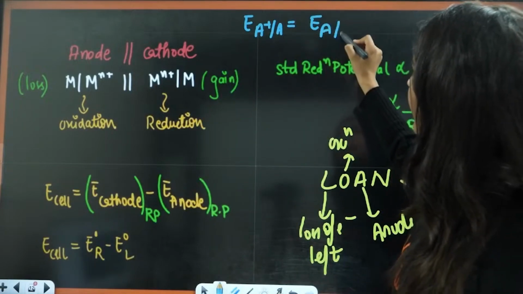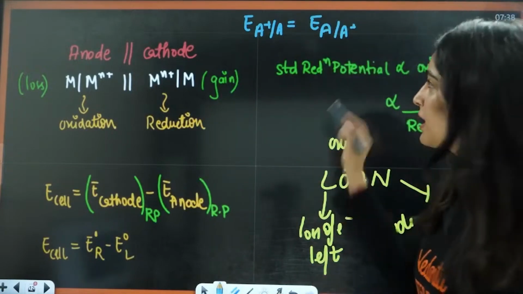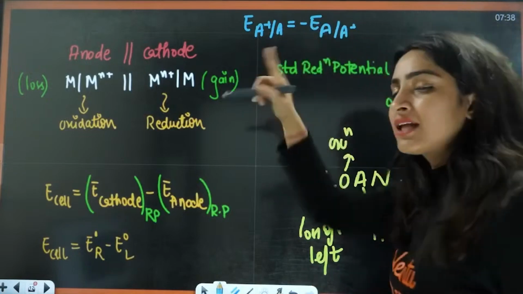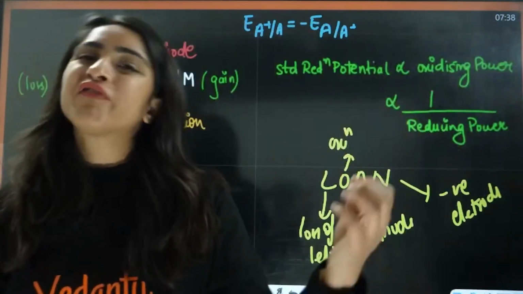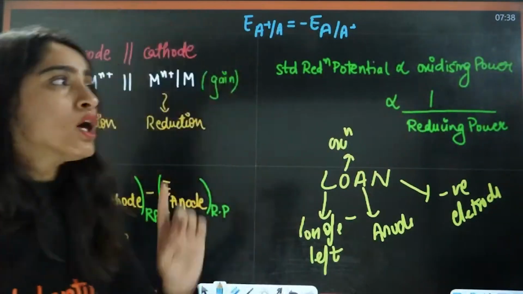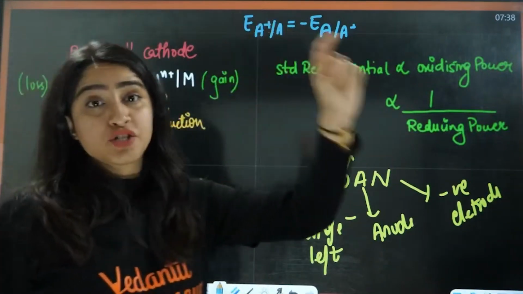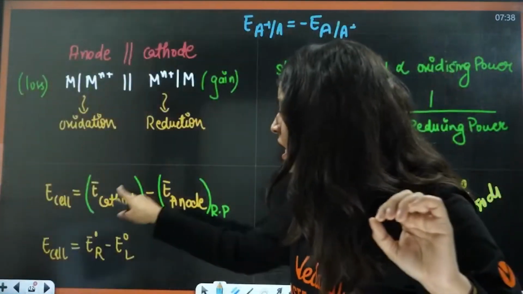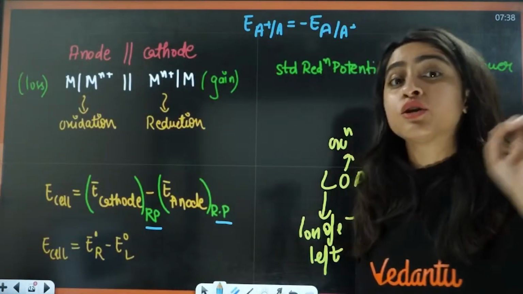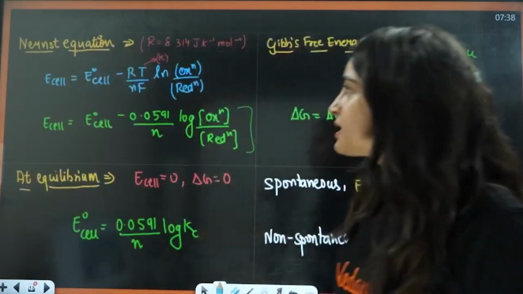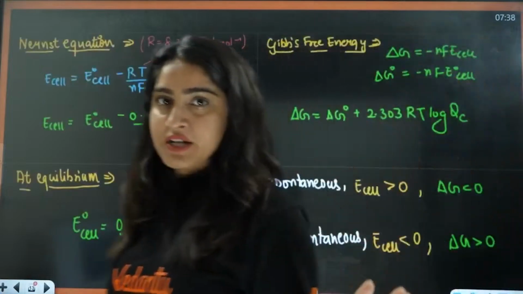If you have A to A positive, this is loss of electron, this is oxidation potential, and they are always just a difference of negative sign. That's it. So always carefully see if you are given a reduction potential or an oxidation potential. Here you need to put the reduction potential, not the oxidation potential. We are dealing with reduction potentials here.